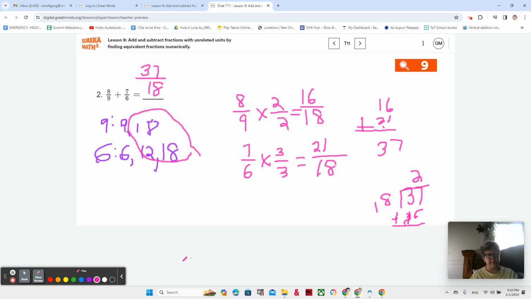Whoops, and I almost wrote an addition sign there. That should be a subtraction sign, and that would leave 1. So 37 eighteenths is the same as 2 and 1 eighteenth. Okay, very good. If you don't have this all written down on your paper, please pause me and get it written down, because I am going to move on to number 3.